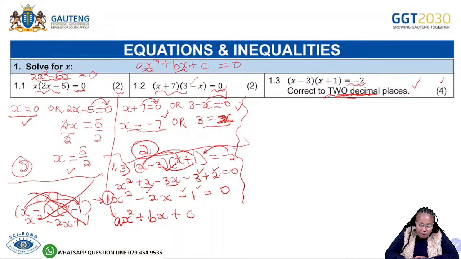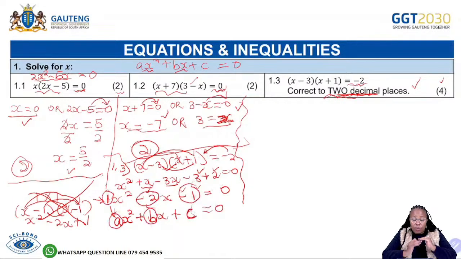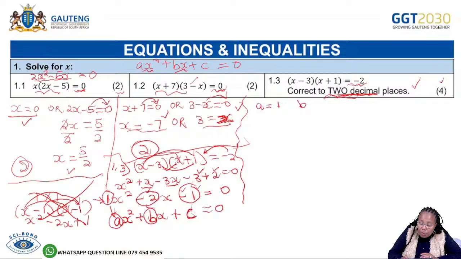For the value of b, we have that value. For the value of c now, we have the minus 1. So happy grade 12, can you see that if you put this equation next to your equation, it can guide you that your a is equal to 1, your b will be minus 2, and your c will be a negative 1. And then now into your quadratic formula, you check this at the back of your formula sheet.